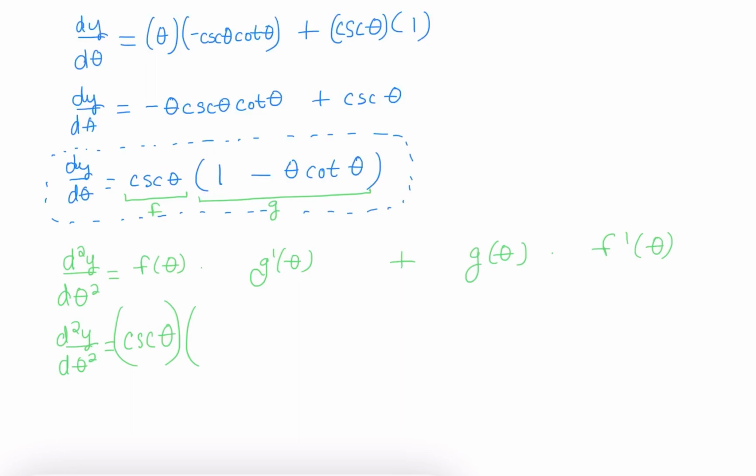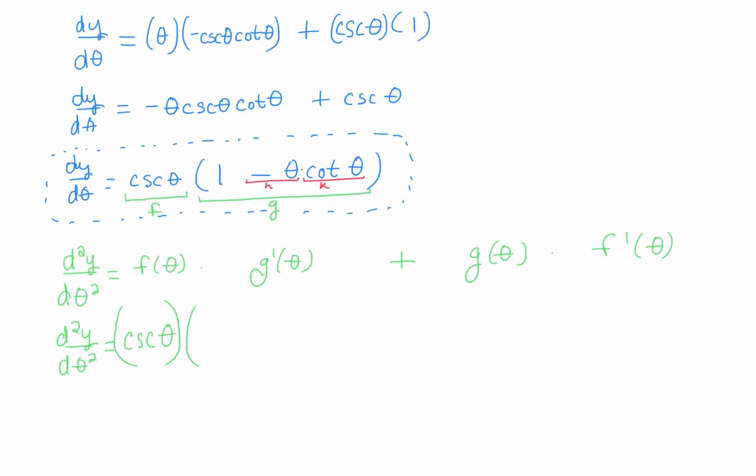But when I get to this second term, I have a product of this theta and the cotangent of theta, so this is going to require its own little product rule. So let's say I call this function h and this function k.